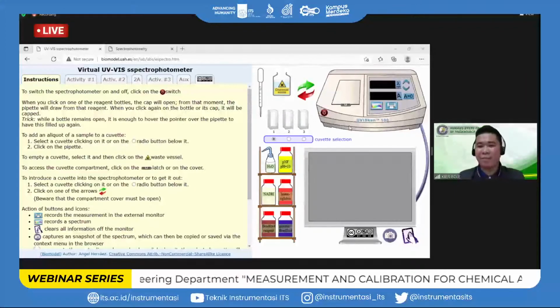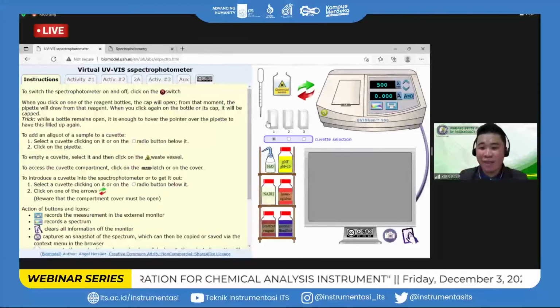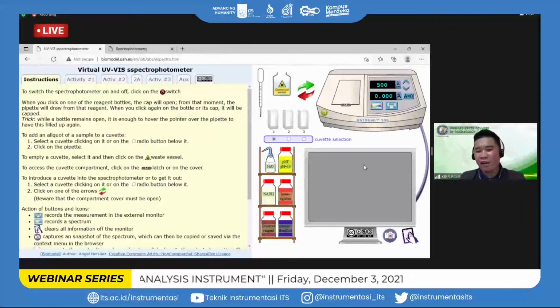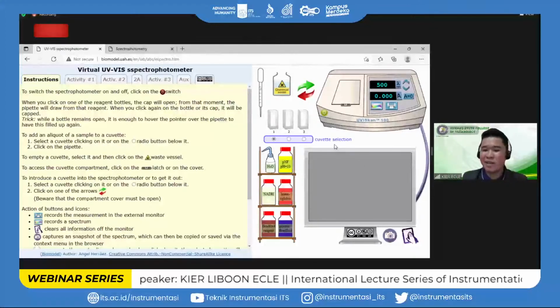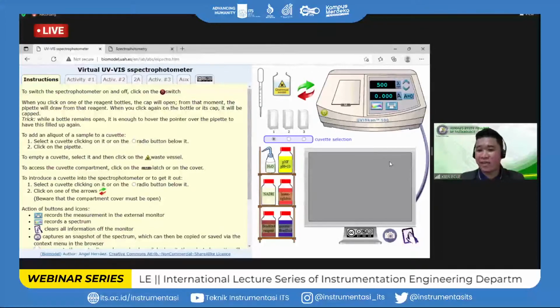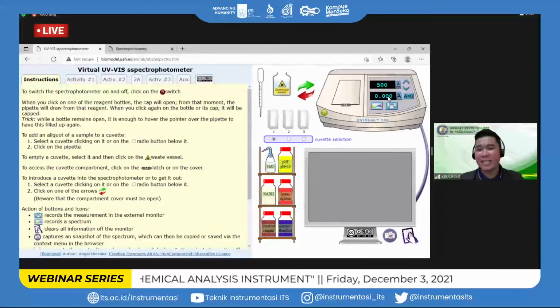Say for example, first you must open the instrument. Then before you run each sample solution, you must see to it that you perform blanking first. So you must have your blank solution. You have here water as your blank solution. You must see to it that the absorbance is 0.